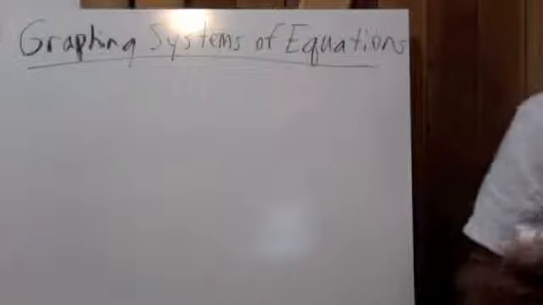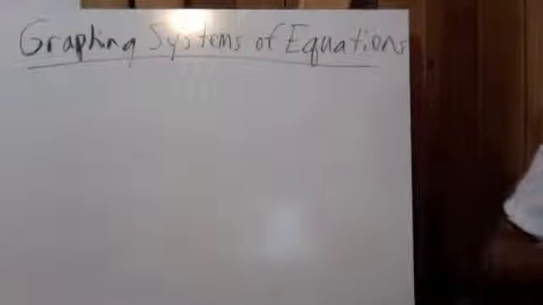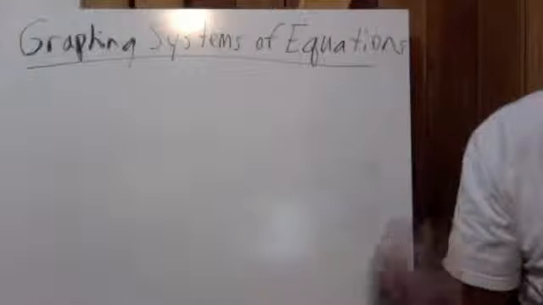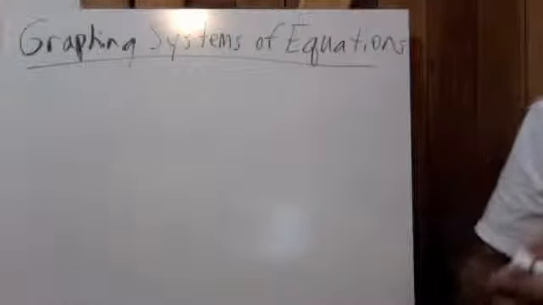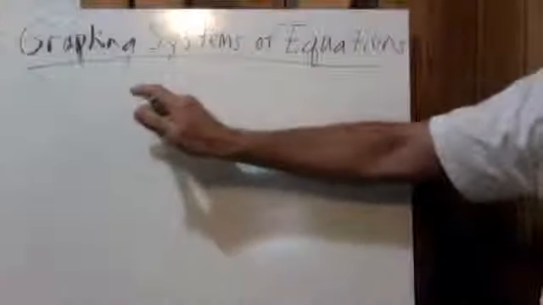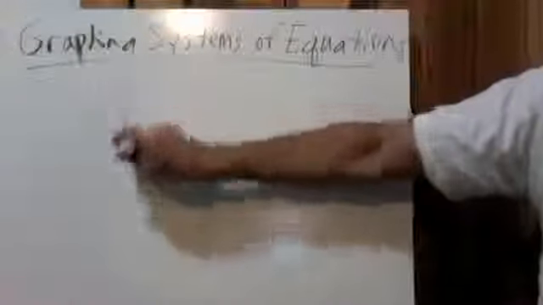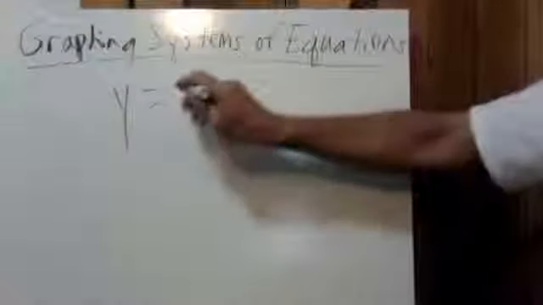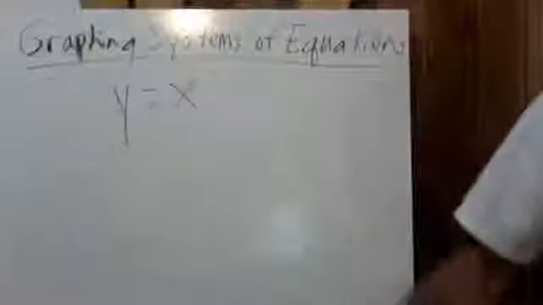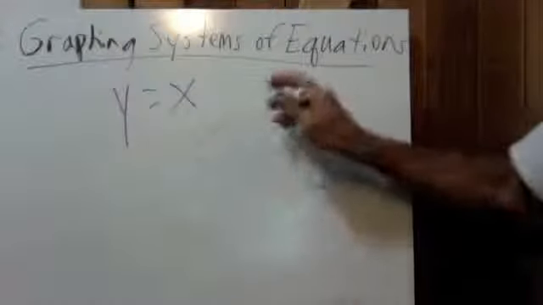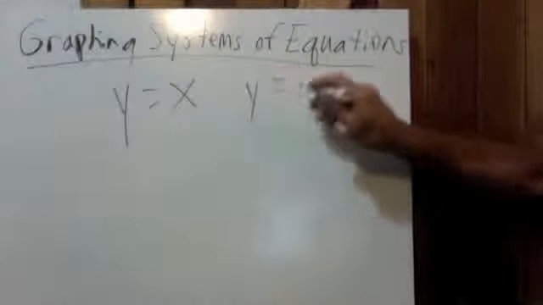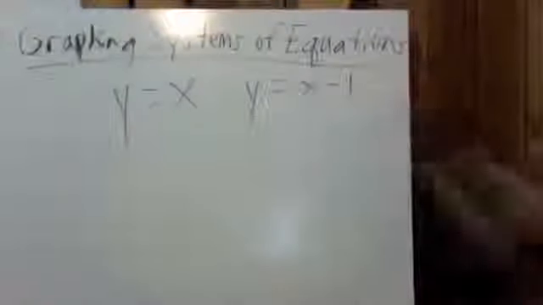So if you graph two equations, they're going to either cross, not cross, or be on top of each other. Let's just pick two equations. So y equals x and y equals x minus 1, let's say.